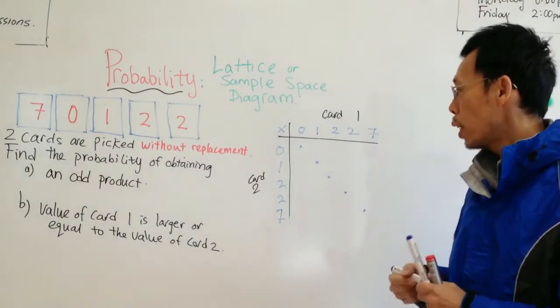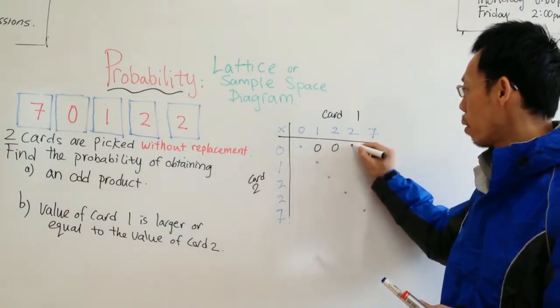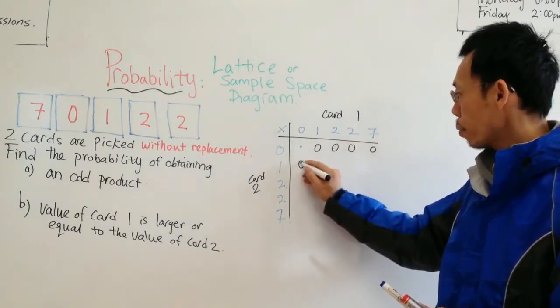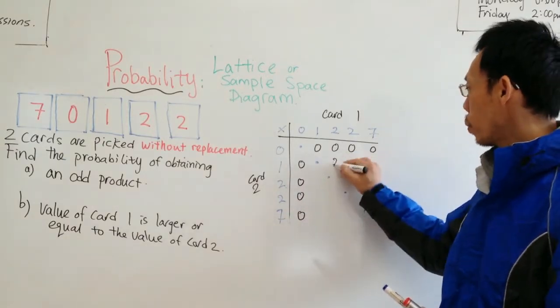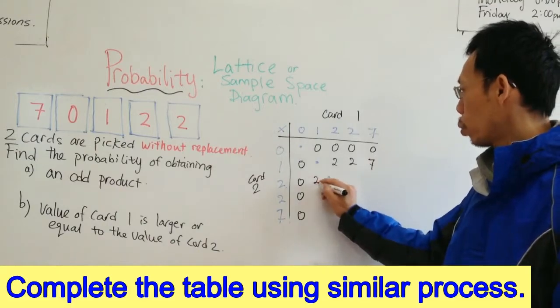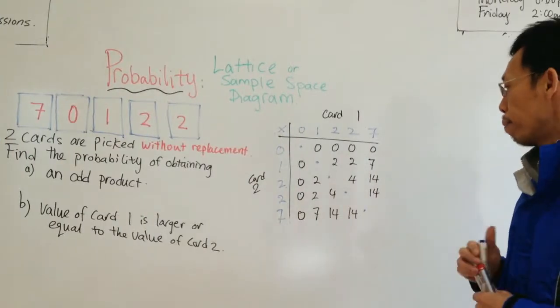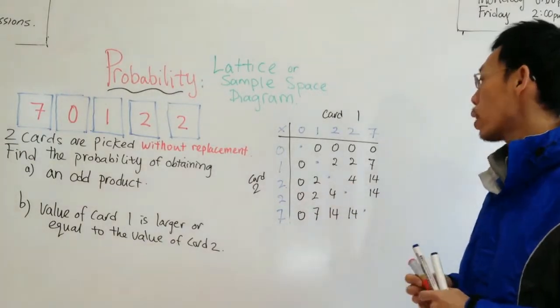So now we put in the values, multiply together. Anything multiplied by 0 is going to be 0. Right. 1 times 2 is 2, 2, 7. Here will be 2, 2, what we have. And we want to find the odd product. Which of these are odd?